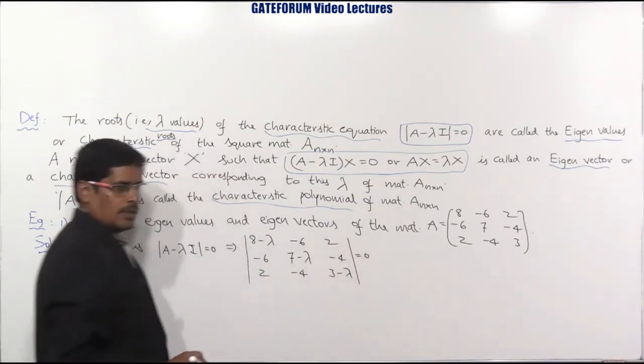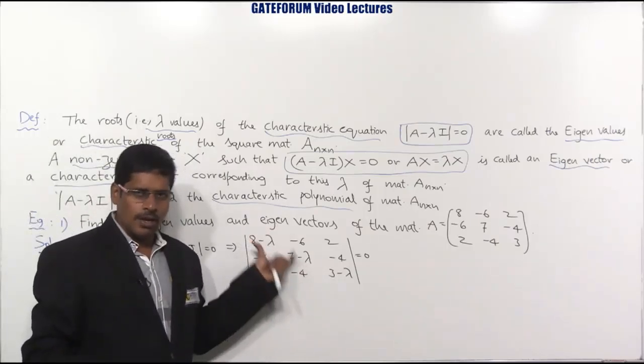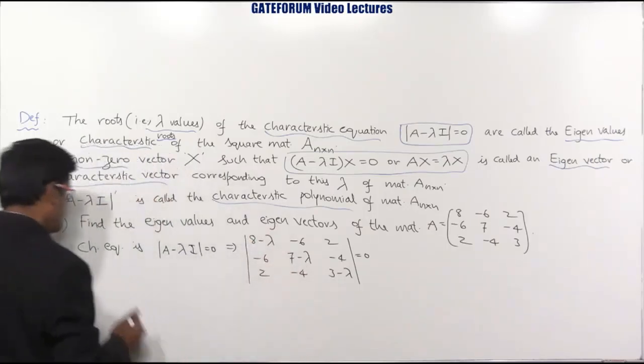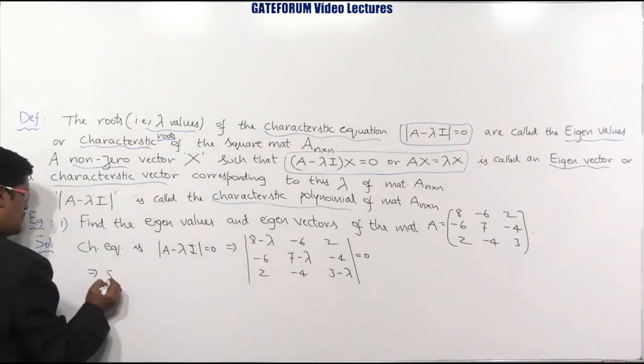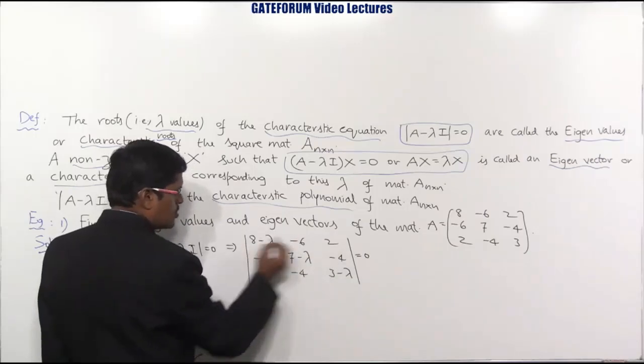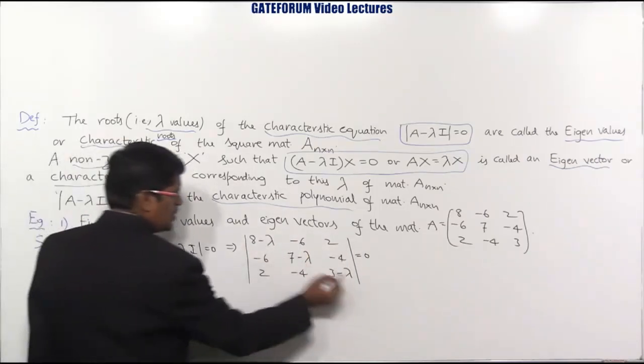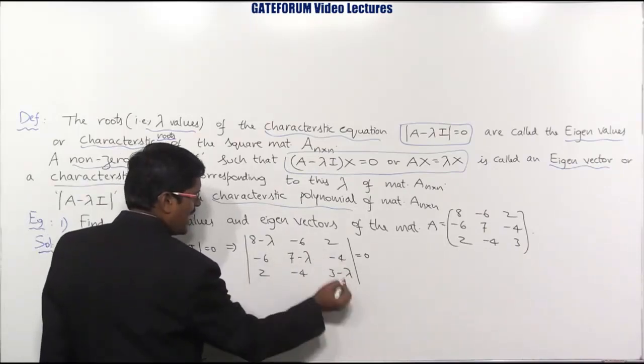You know, expanding the 3 by 3 determinant by any row or column. Long back we have done more examples. So I want to expand by first row. So 8 minus lambda into the cofactor of 8 minus lambda, by closing first row, first column, into plus symbol, into these 4 elements AD minus BC.